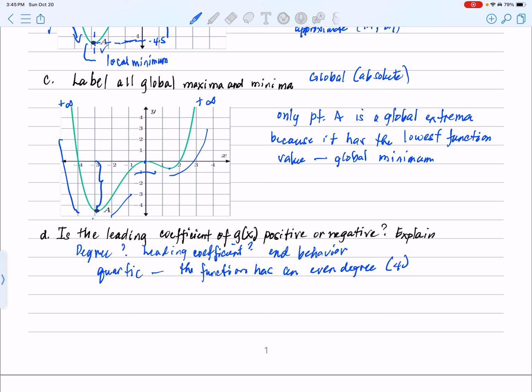And both ends are pointing toward positive infinity, as I've said. So the leading coefficient is positive by looking at the end behavior.